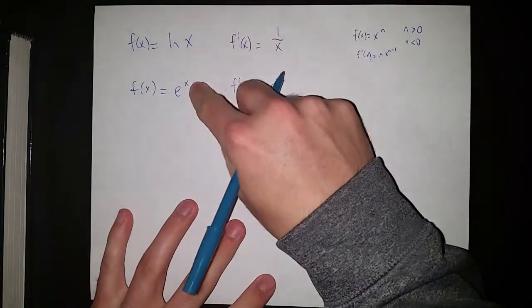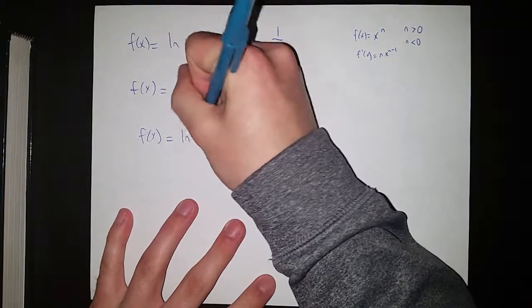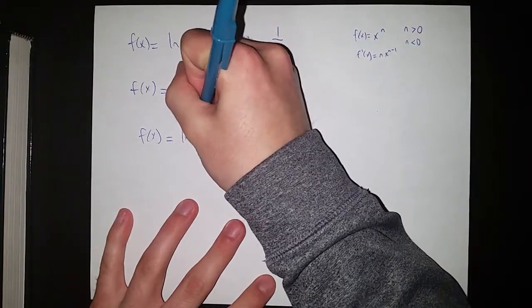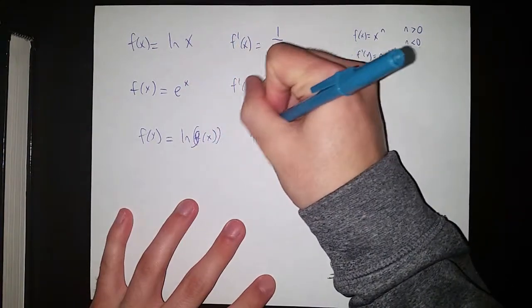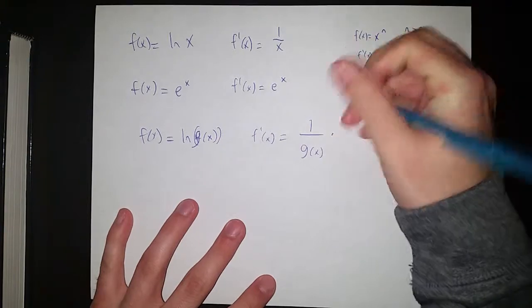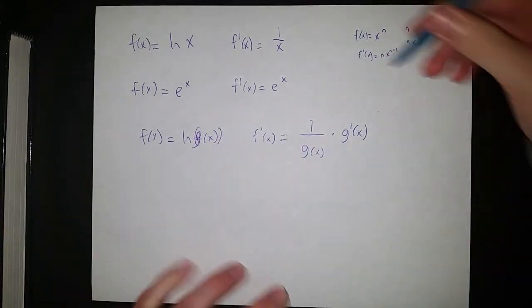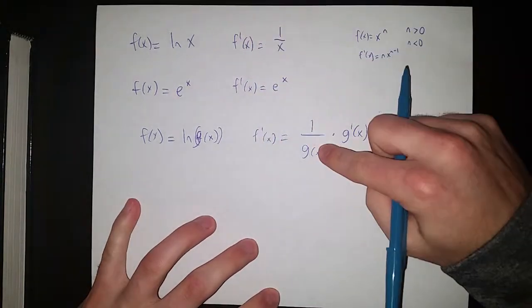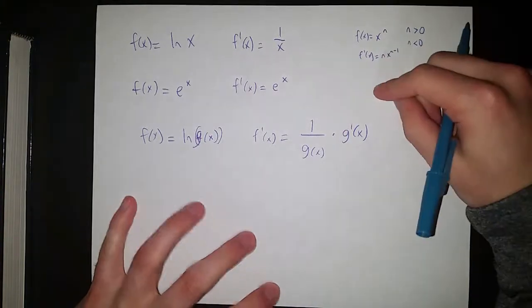And then let's go one step further. So in general, f of x equals ln of g of x. Then f prime of x equals 1 over g of x times g prime of x. So in this case up here, g of x equals x, the derivative of x is 1, and so we get 1 over x.